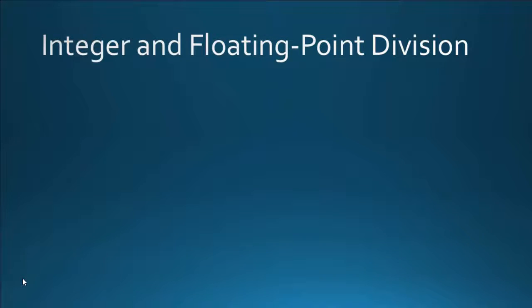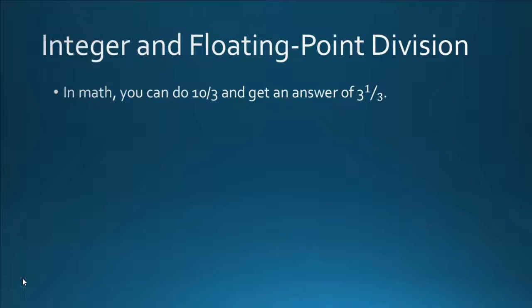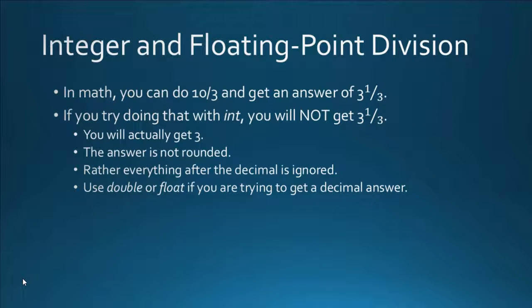Now, we have to talk about integer and floating point division. In math, I can do 10 divided by 3 and get an answer of 3 1/3. However, if I try doing that with two ints, we're not going to get that. I expect 3 1/3, but I'm actually going to get 3 as an answer. This can be a very confusing point for students because the answer is not rounded.